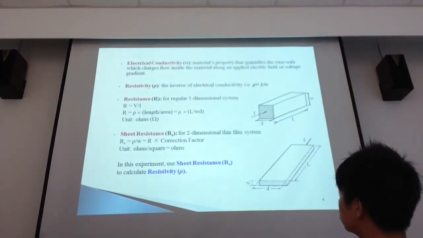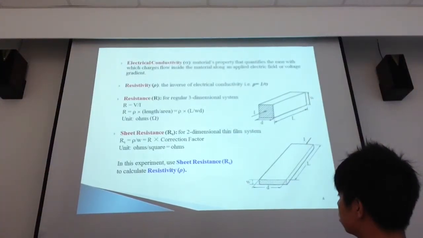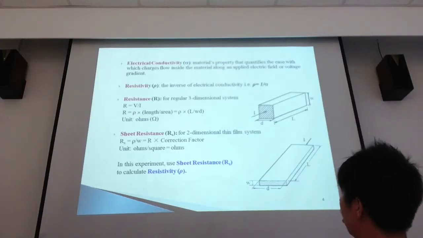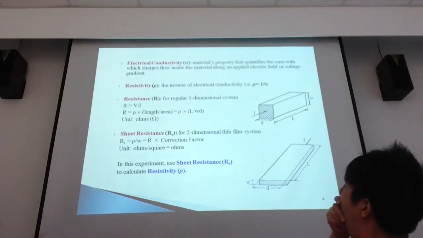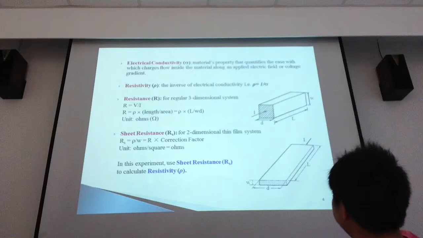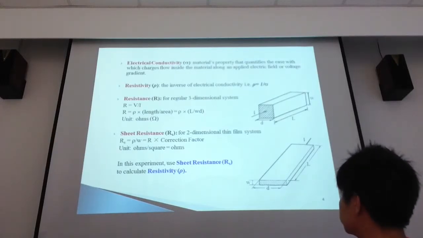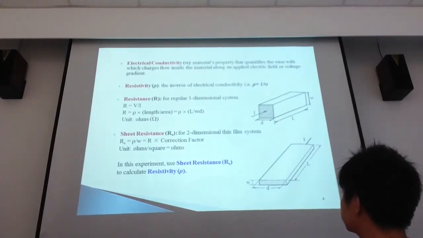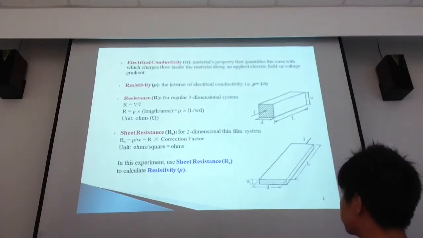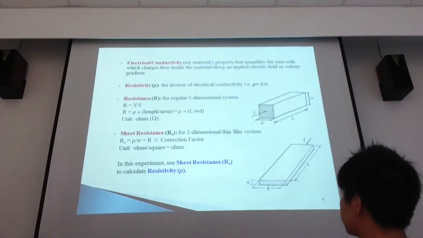Electrical conductivity is a material property that quantifies the ease with which charges flow under the influence of an electric field. Okay. Resistivity is inversely proportional to conductivity, rho is equal to 1 by sigma. Resistance. What is the difference between resistance and resistivity? Let us say a material has a resistivity of something.